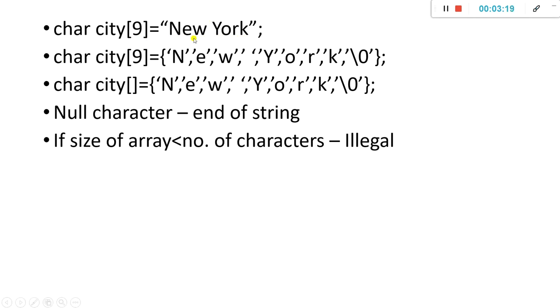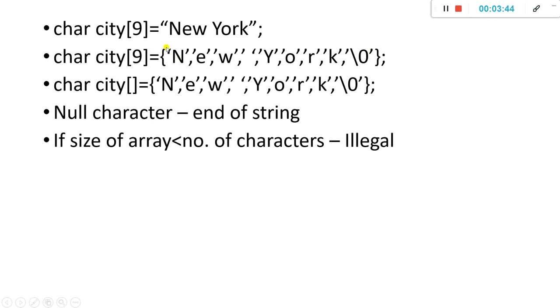Now another way of representing the same initialization is like this: char city 9, which is equal to, so instead of giving the entire string in double quotes, you can give it like this too, that is within braces. After the opening brace, you have to write each character by character in single quotes, and it will be separated by a comma.